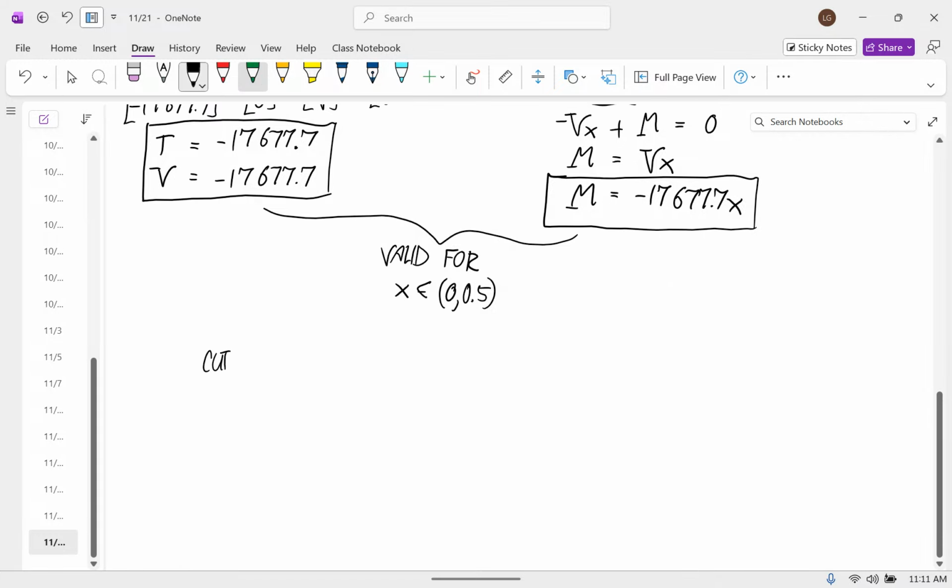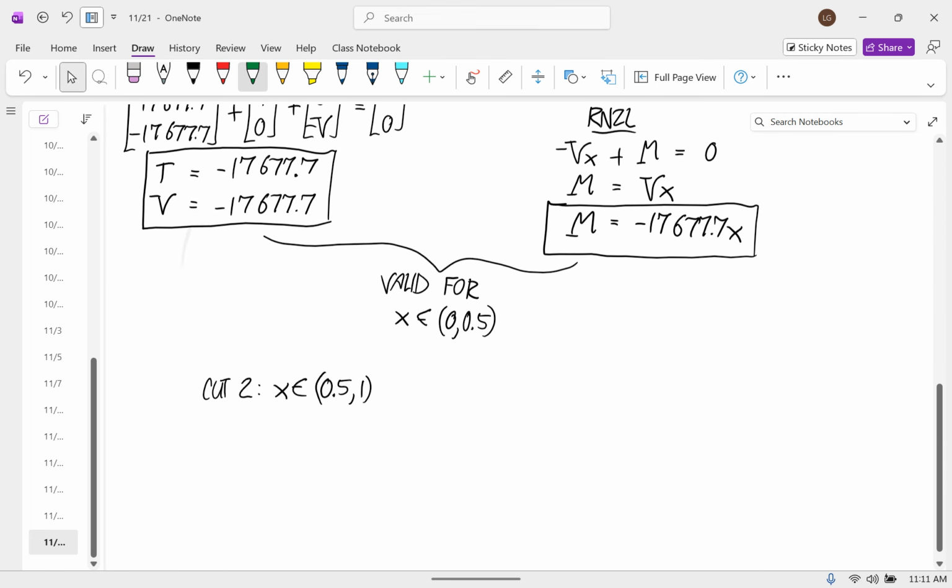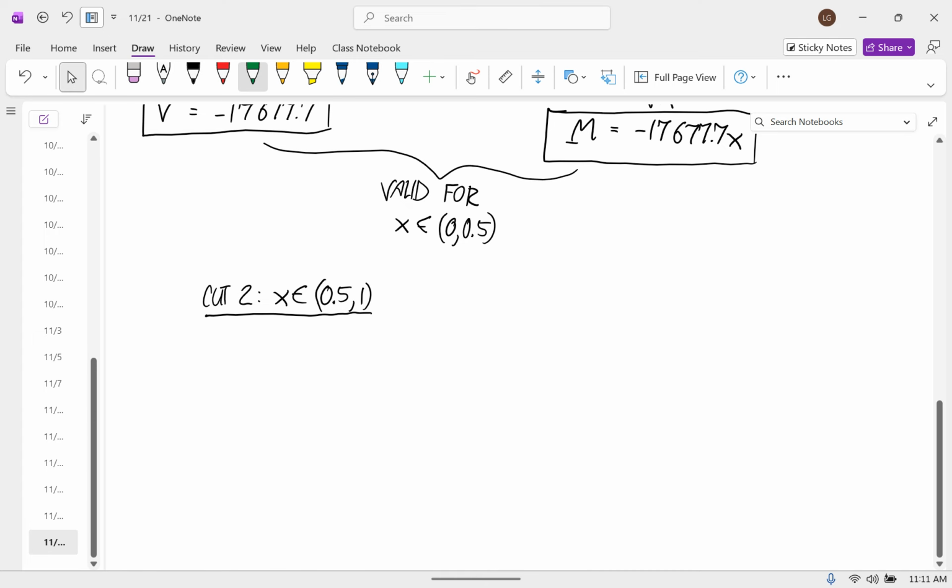So cut 2 is for any x values between 0.5 and 1. And so this time what we're looking at is a piece like this. We're leaving off some amount there.